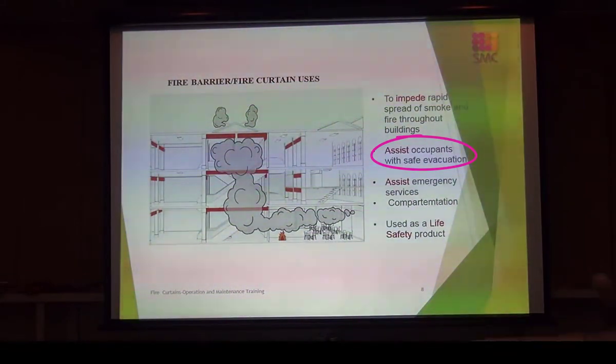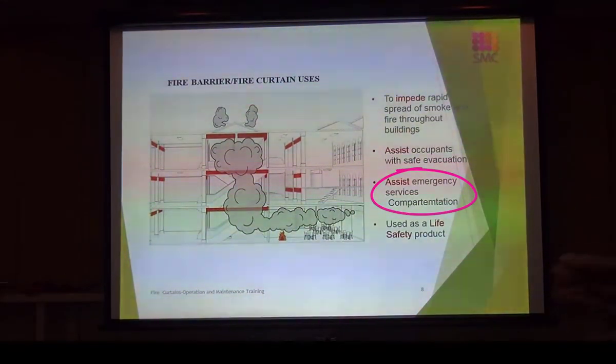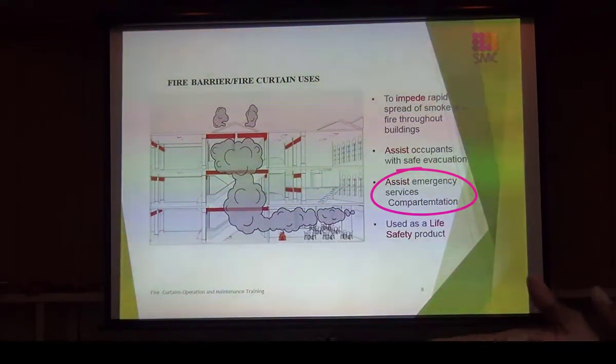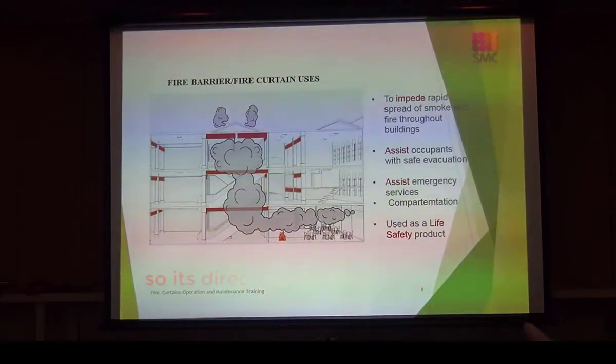So in this case, they also help people to evacuate, to protect the people basically. And then emergency service compartmentation means if the fire is in one area, it should not go to other areas, so that the other areas are not affected. So it's directing the smoke.